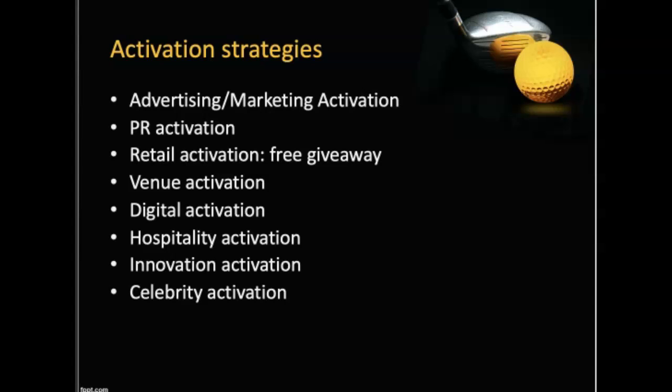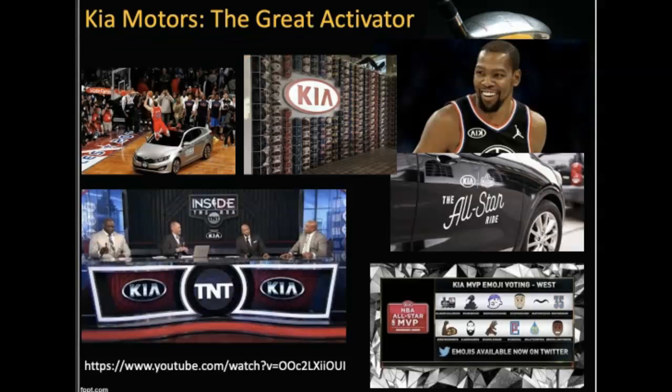Let's give you an example activation. Kia is the official sponsor of the NBA All-Star Game. Kia Motors has been considered a very great activator, because they use a lot of different strategies to catch people's attention and help people build a connection between the Kia models and the NBA itself.